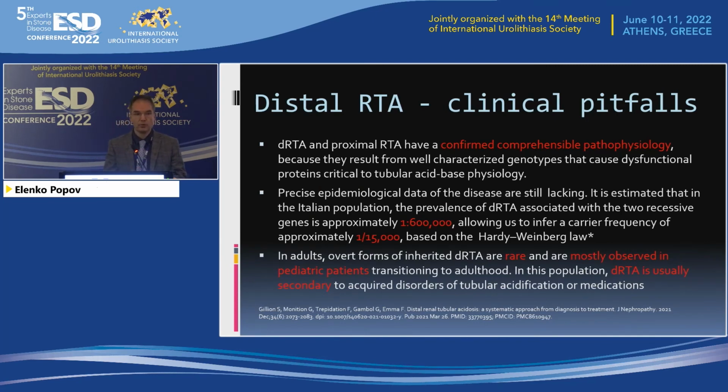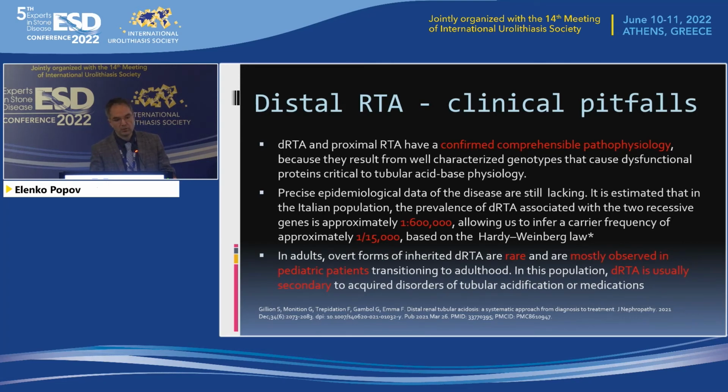What are the pitfalls in the clinical interpretation, in the bedside interpretation, of distal renal tubular acidosis? Distal renal tubular acidosis has a confirmed comprehensive pathophysiology. We know its genes, we know exactly what happens, but its incidence is very narrow.